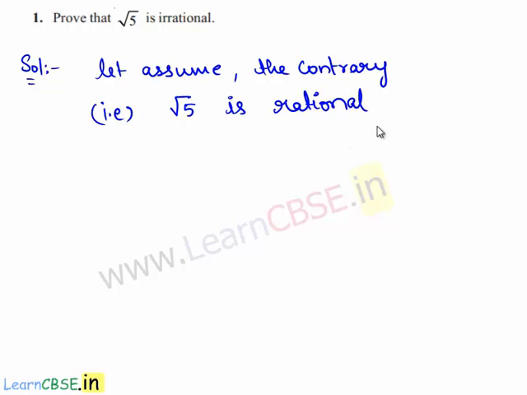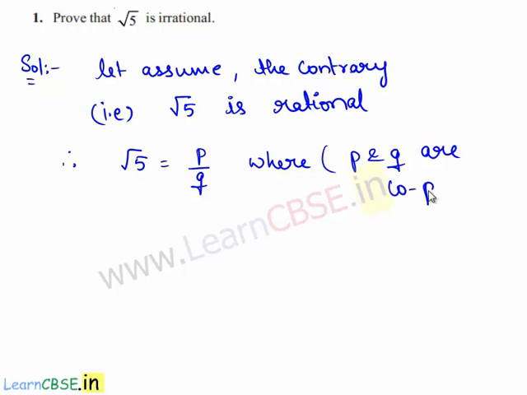Since root 5 is rational, it can be expressed in the form of p by q. Therefore, root 5 can be written as p upon q, where p and q are co-primes.